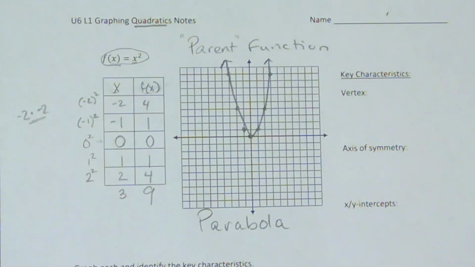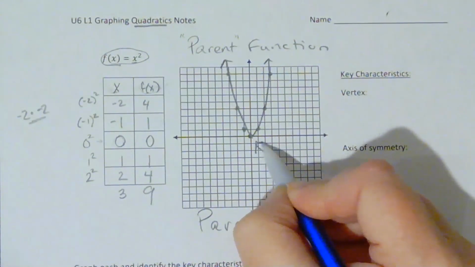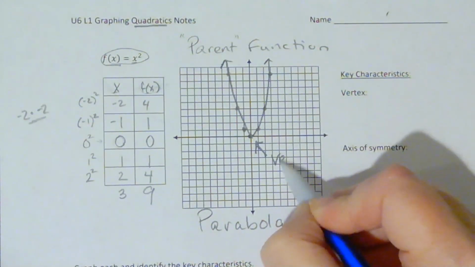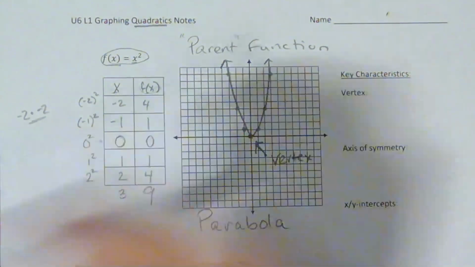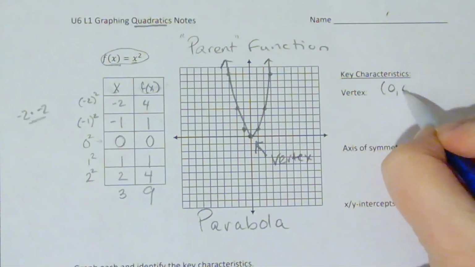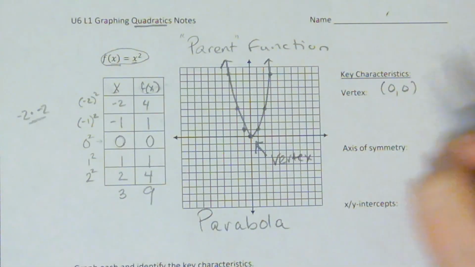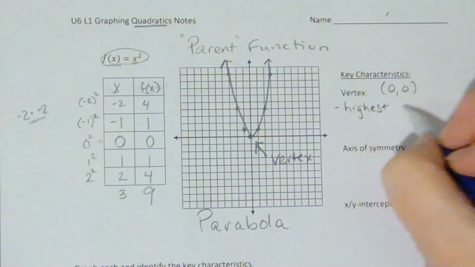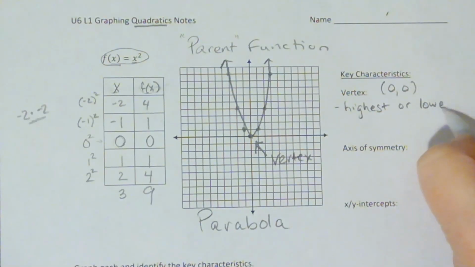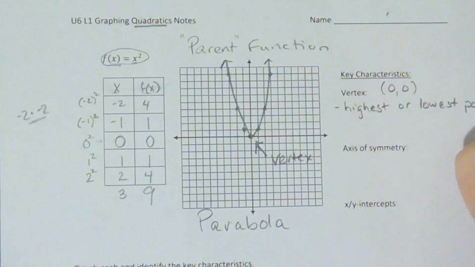So there's some things we want to notice about the parabola. This point right here, that point is going to be called our vertex point. So in this parabola, the vertex is at (0, 0). And the definition of a vertex is the highest or lowest point on a parabola.